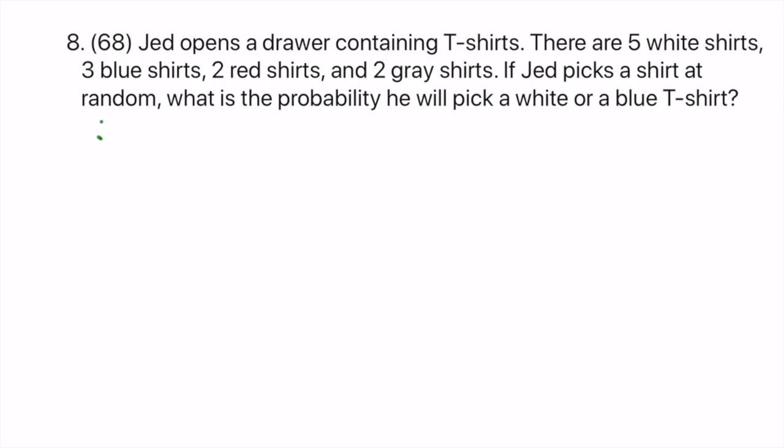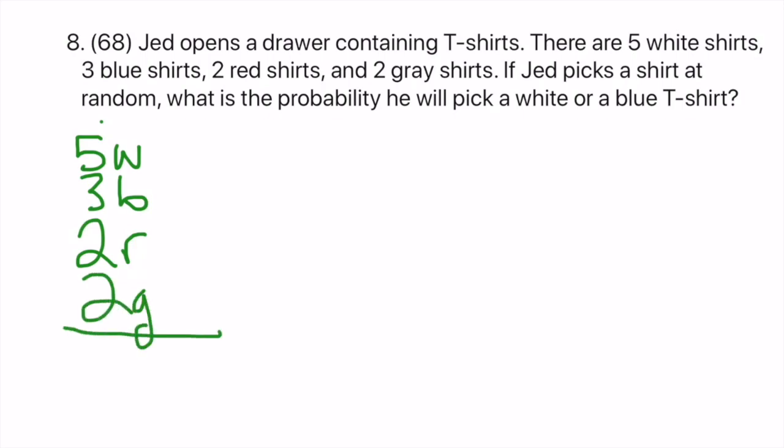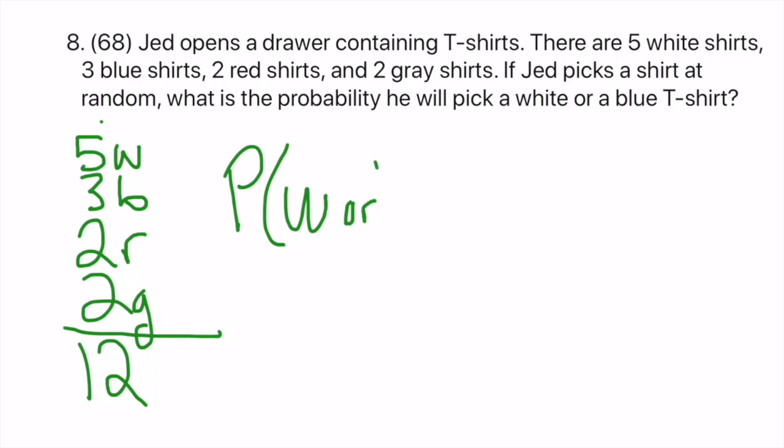So we have 5 white, 3 blue, 2 red, and 2 gray. So there are a total of 12 shirts. So we want the probability of a white or a blue.